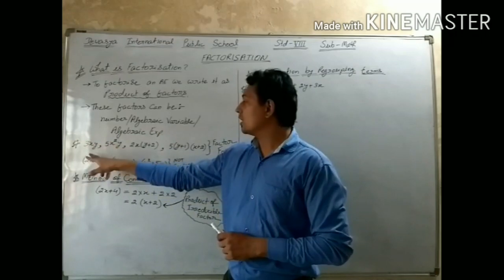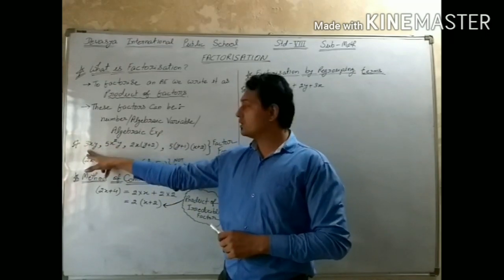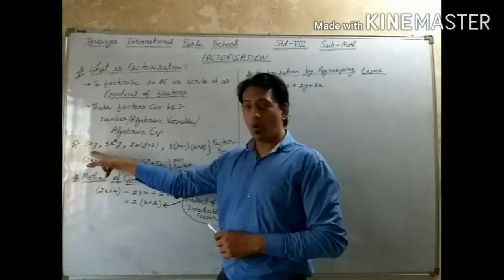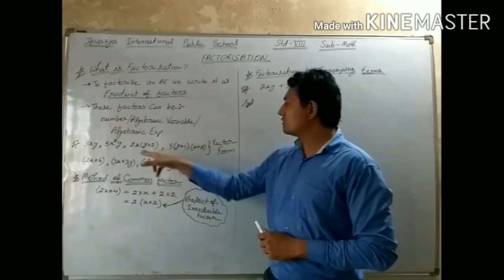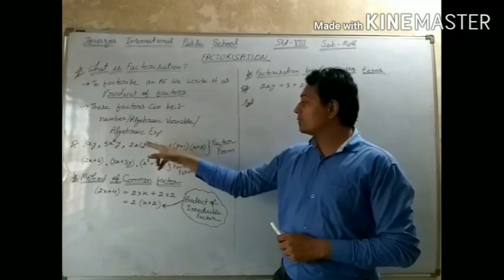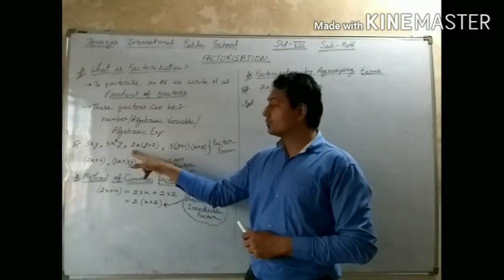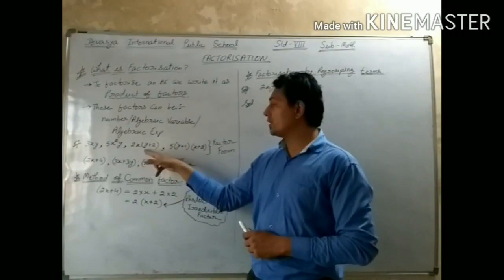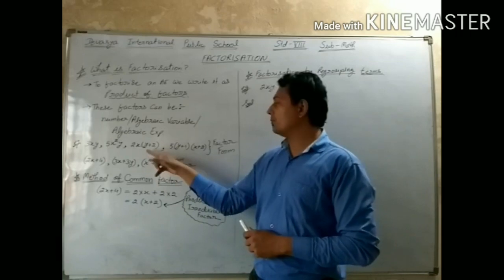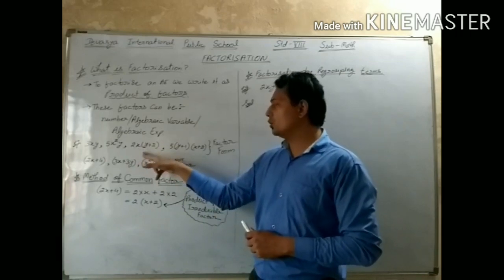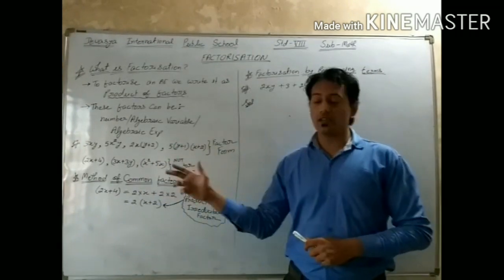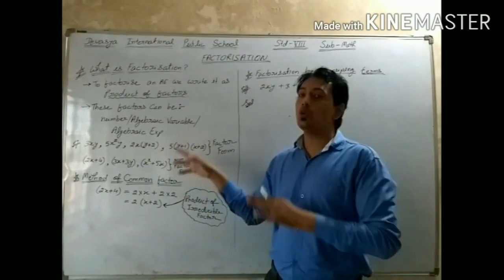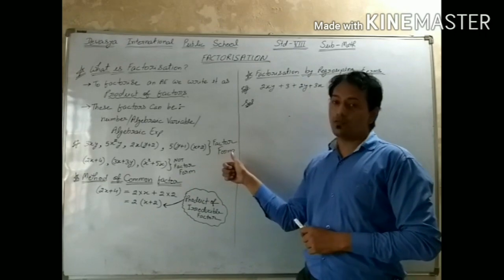So let's just check it. The factors of this algebraic expression are 3, x and y, and it can be written as 3 into x into y. And let's just take this. The factors of this algebraic expression are 2, the second factor is x, and the third factor is y plus 2, and it can be written as 2 into x into y plus 2. So we simply find out the factors of these algebraic expressions by simply looking at it. That is the reason it is called the factor form.